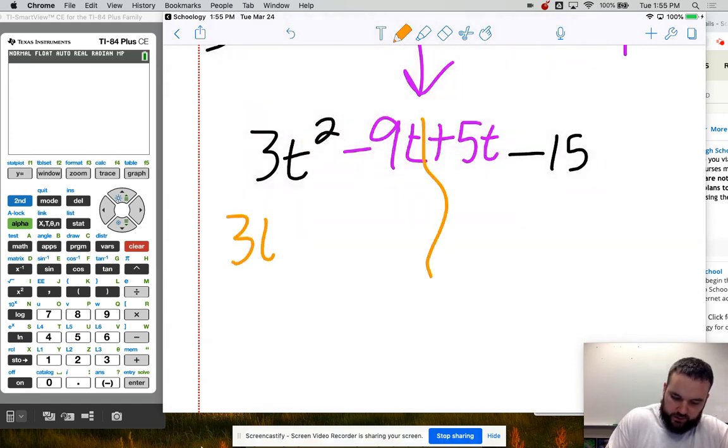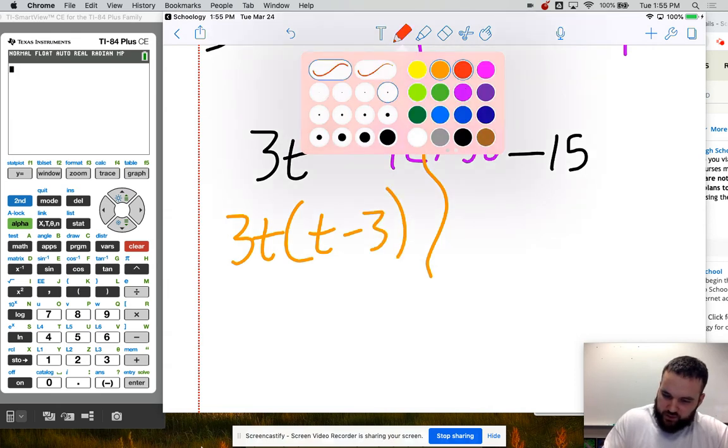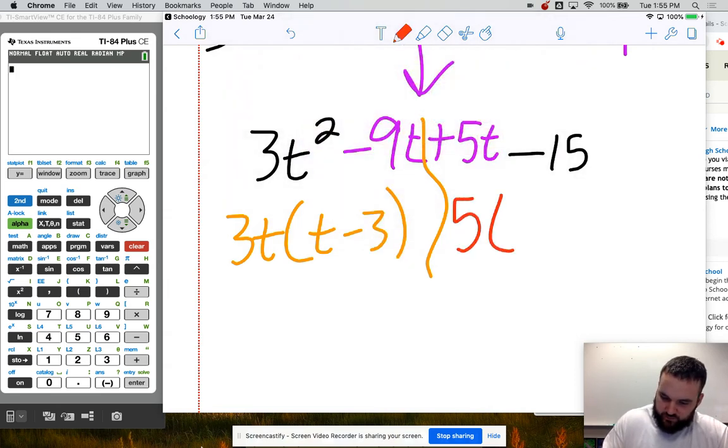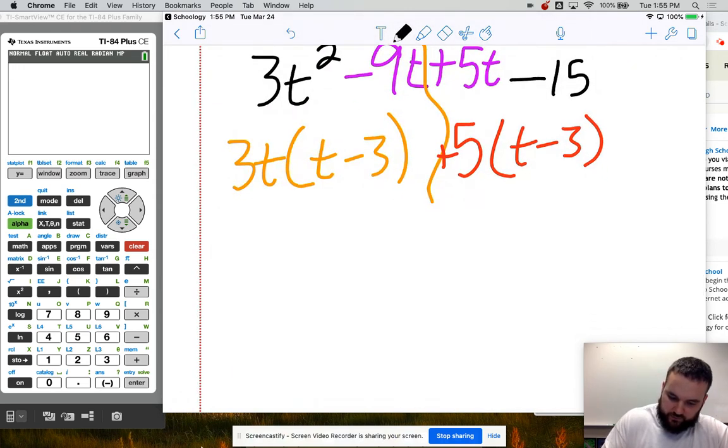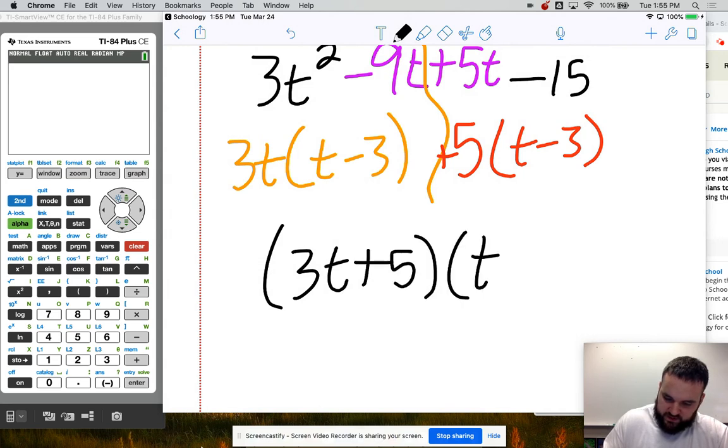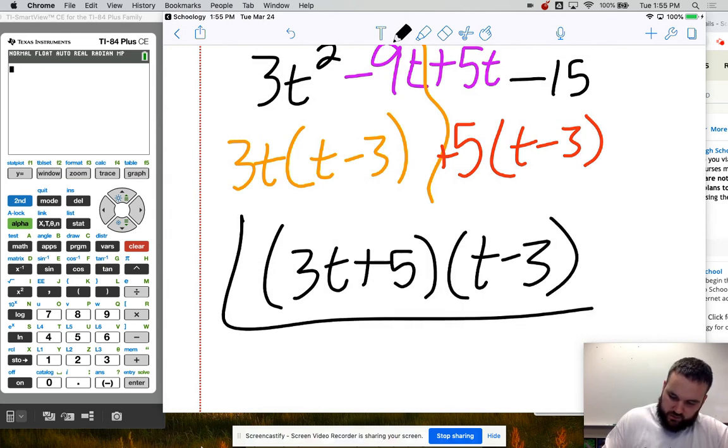Here, 3t is the GCF, and over here, 5 is the GCF. All right. So then we have 3t plus 5 times t minus 3, and that's done.